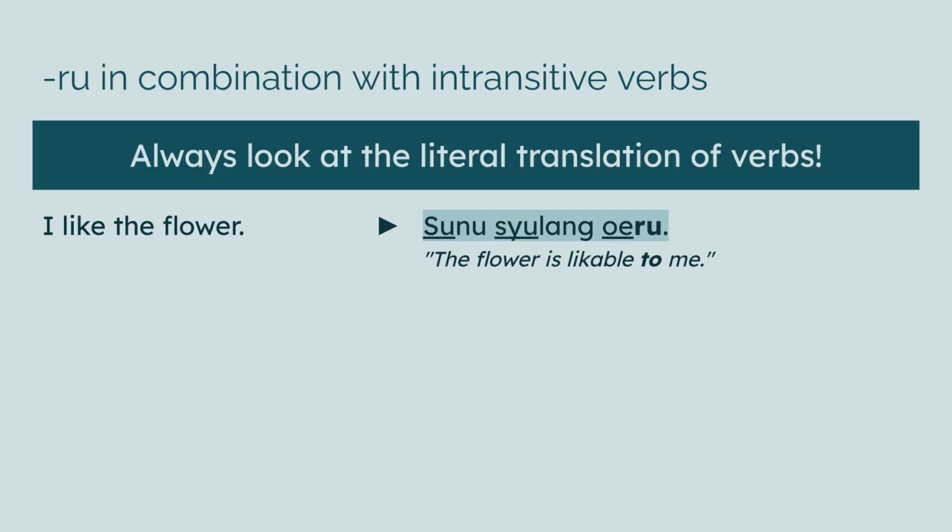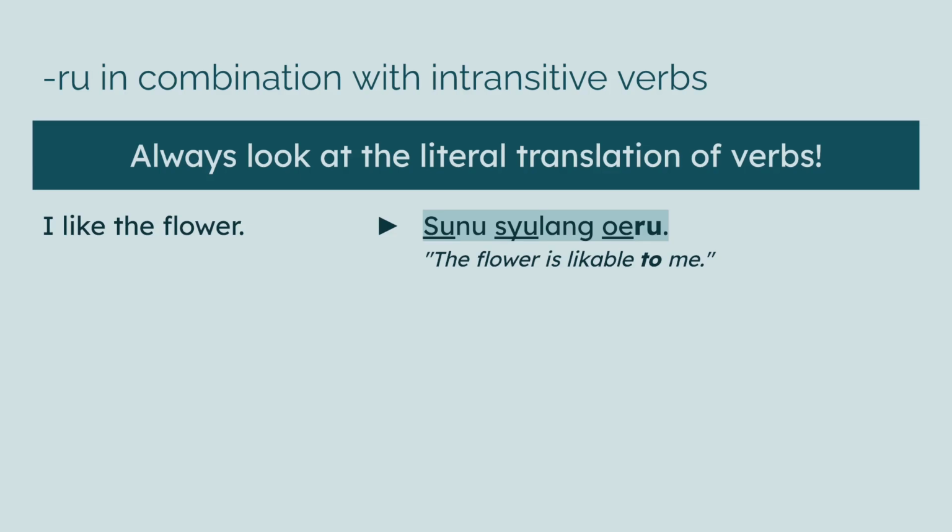If I now say the sentence like this, then the flower suddenly is the subject, because the flower is the thing being likable. So it doesn't get the case ending, because sunu siulang, the flower is likable. Then we just add to whom the flower is likable, weru, to me. So we get the full sentence, sunu siulang weru, the flower is likable to me, I like the flower.